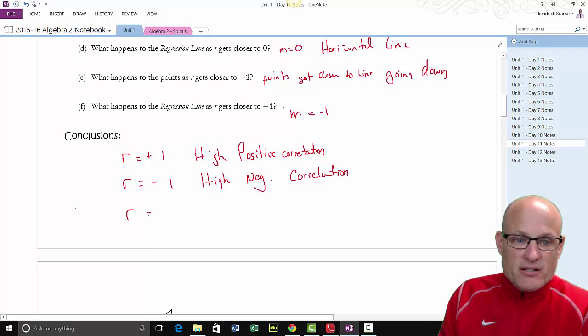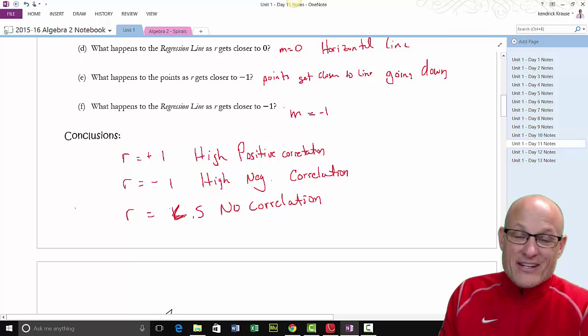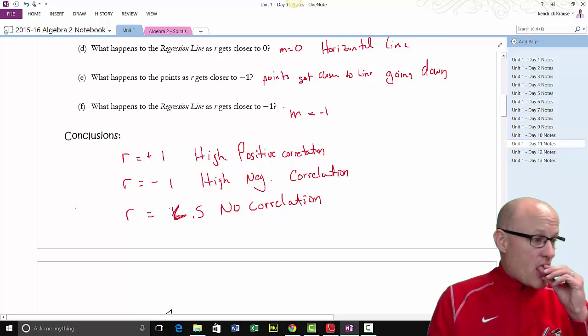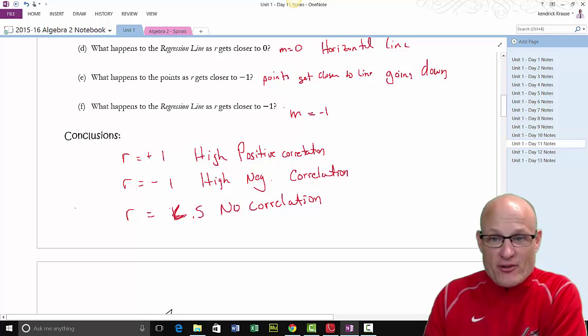And if it's near 0, less than, let's say, like a half, it's like no correlation at all. It's like all over the place. It's random. And what we mean by correlation is one thing affects another.